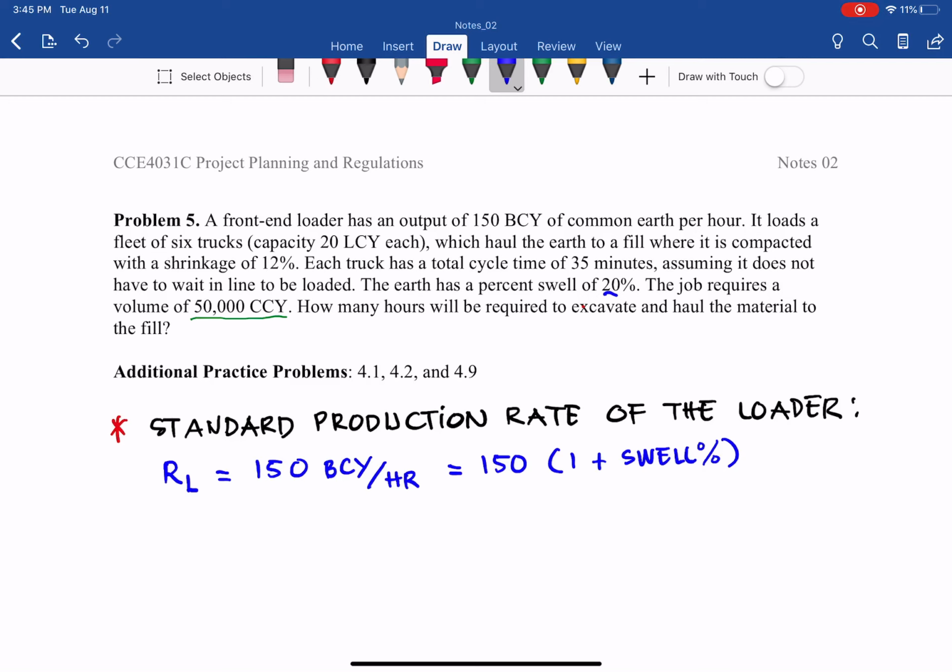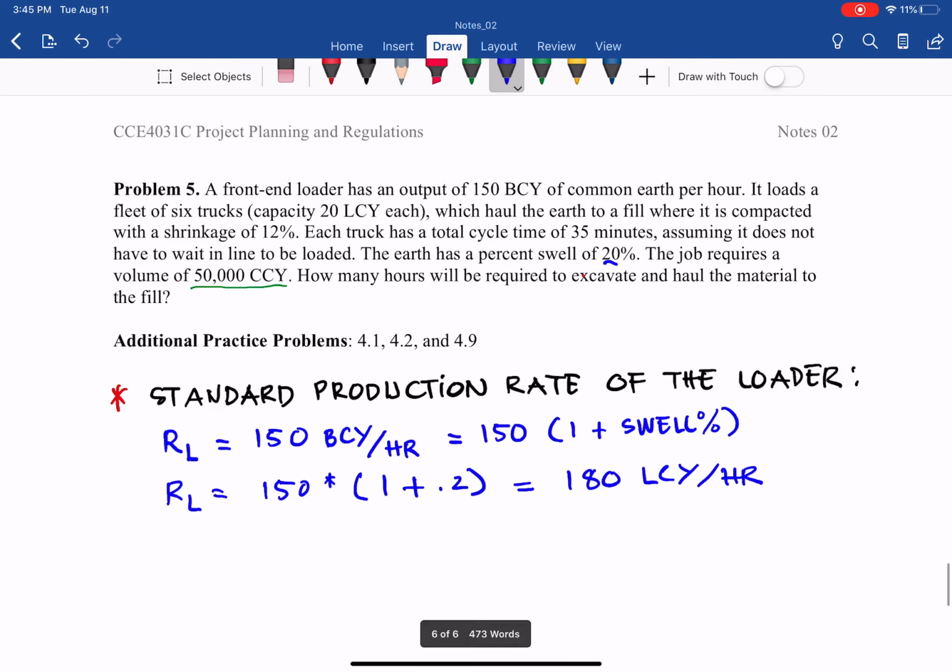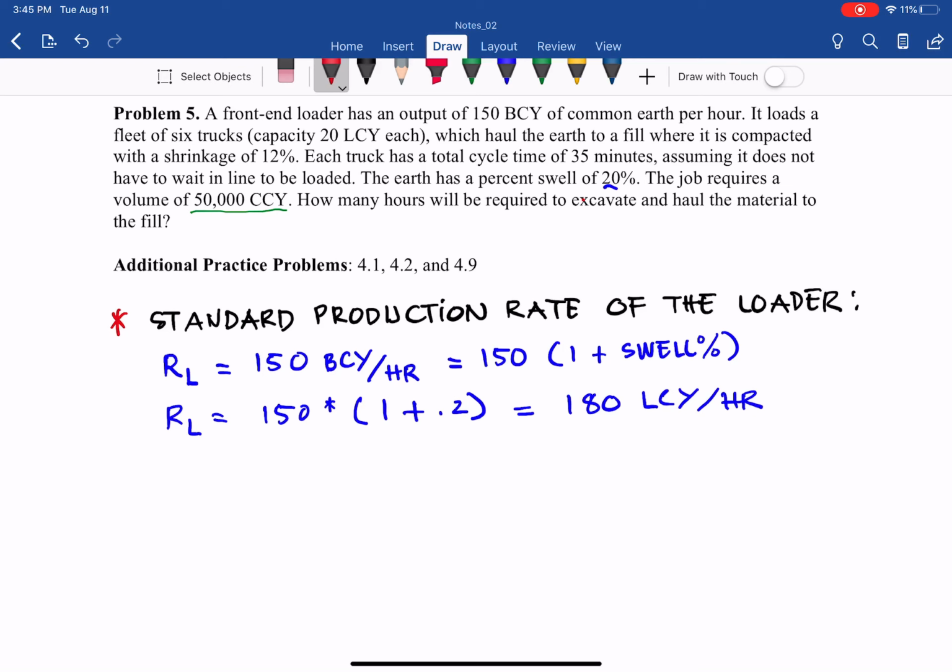So you will have RL equal to 150 times 1 plus 0.2, so it will be 180 loose cubic yards per hour. We need to have the same unit to compare. So that is the standard production rate for the loader.